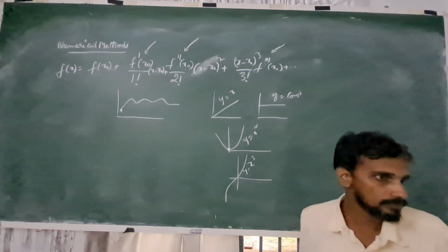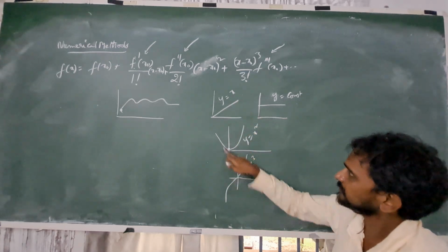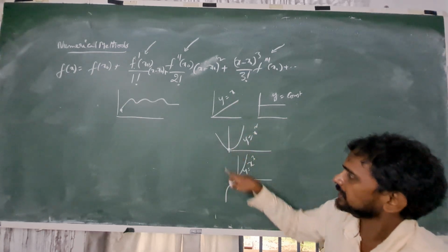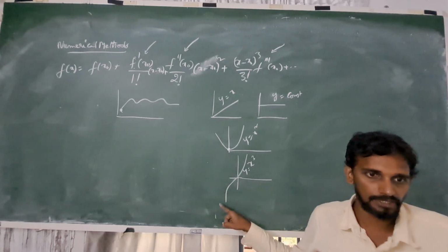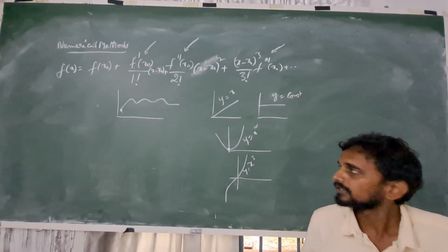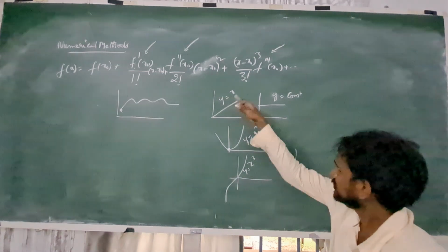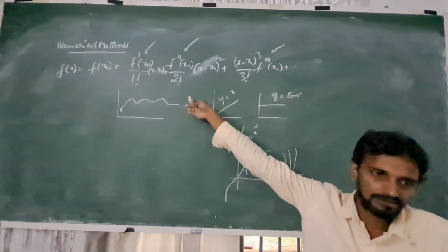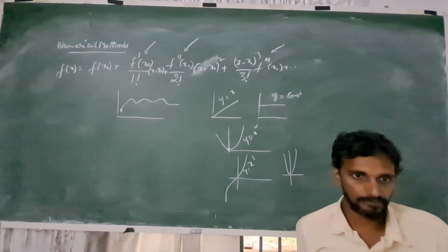Which way will it move? Either it is continuously rising, or if you take a combination of these two, at some point it may rise, at some points it may drop, because one is positive, one is negative. And if you take another term also, x power 4, if you take a combination of these, you may get some variations in the final outcome.